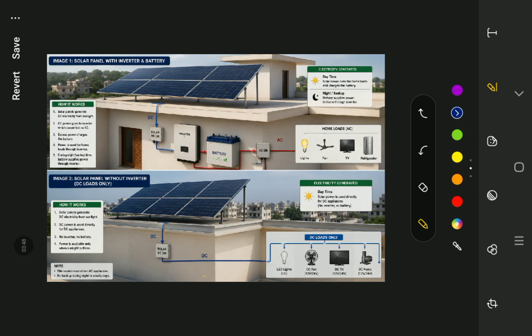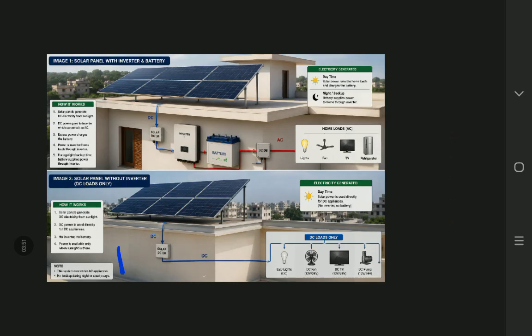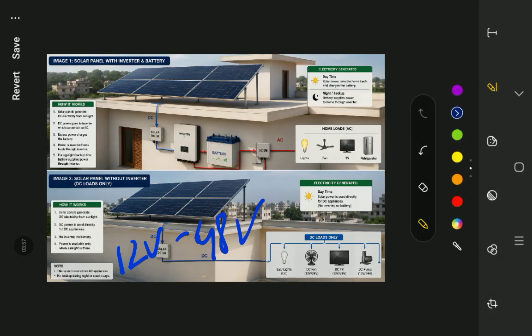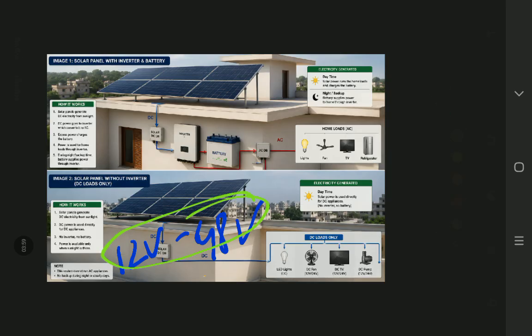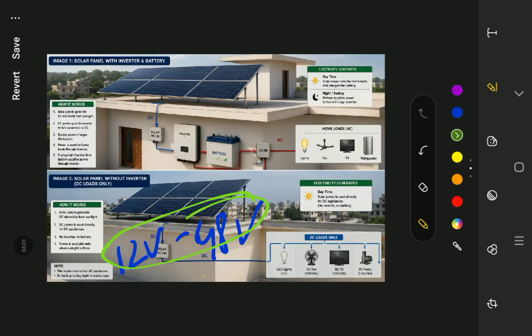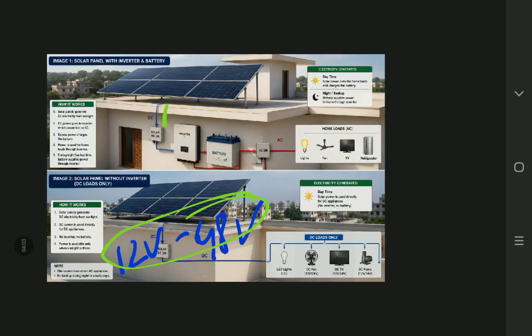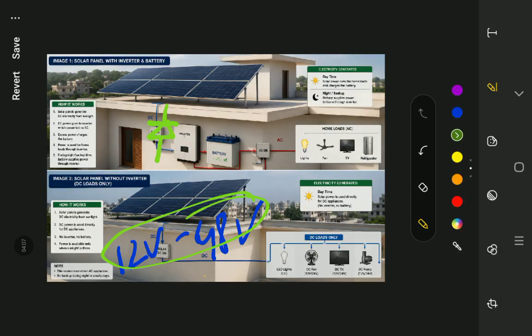The solar panel voltages will generally be from 12 volt to 48 volt, and the voltages may vary based on the model you select. Here also, similarly, in this solar DC DB we will have a diode connected, although the diode is not always connected, because of the reverse polarity problem.